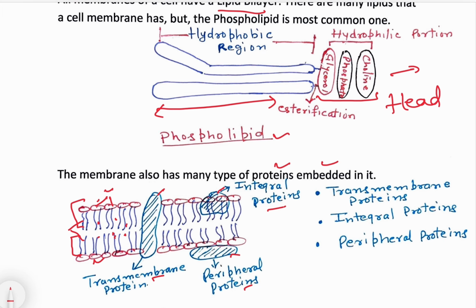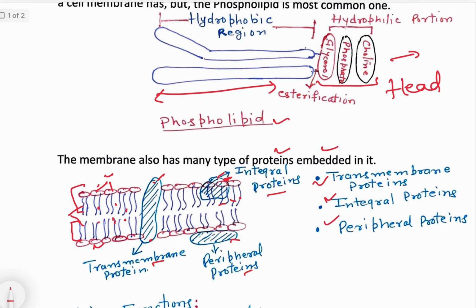Just the name tells you, transmembrane is like it goes from one end to another, and integral is kind of right here in this portion. It is interacting more with the hydrophobic region of the phospholipid bilayer. So these are the three types of proteins embedded in there.